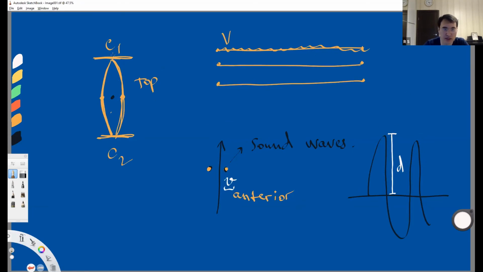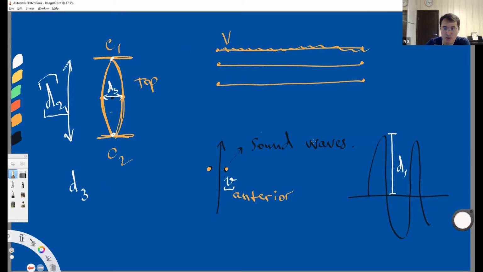And if we start moving the cartilages, let's say this is D2 and this is D1. If we increase the D2, the distance between the cartilages, because we have the fixation of the folds here, D3 will be smaller than the initial one, because we start moving to increase the D2.